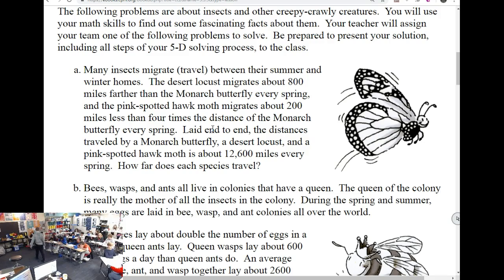In the peak monarch, and the pink spotted hawk migrates about 200. Oh, this is it? Oh, we can get this done. Okay.